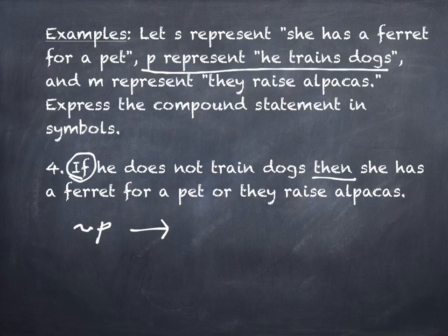And then what? S, because she has a ferret for a pet. What else? Or, which is the V symbol, good. M, because they raise alpacas. And the S V M is in parentheses. Okay? The stuff at the beginning is the antecedent for everything that came afterwards, the then part at the end.